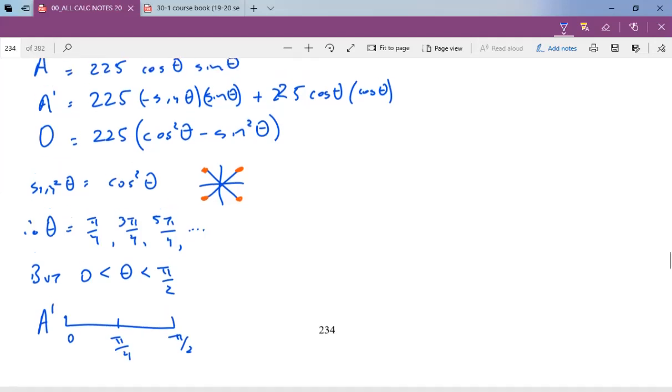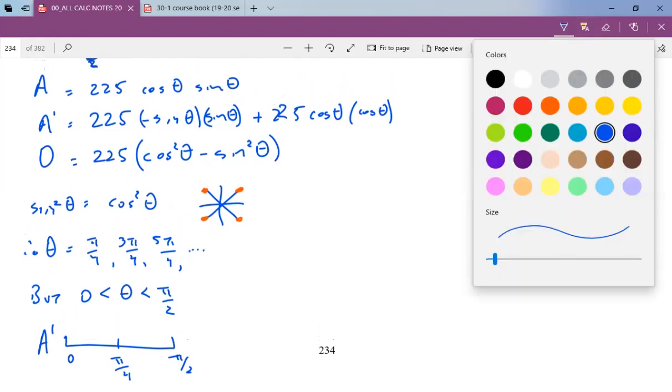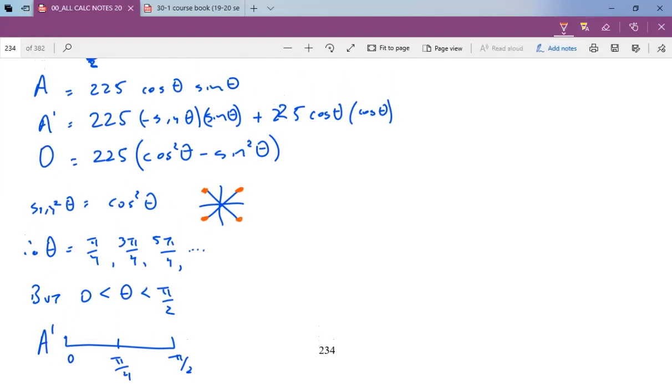We take some values to make sense in this interval. If we want to see what's going on in here, is A prime positive or negative? Pi 6 would be in there. So what happens with A prime?